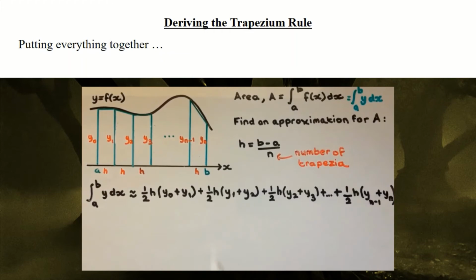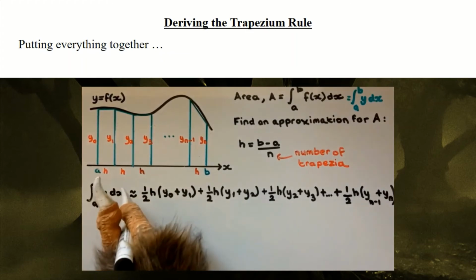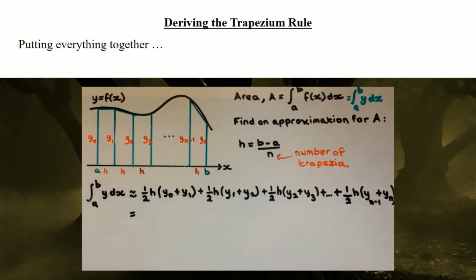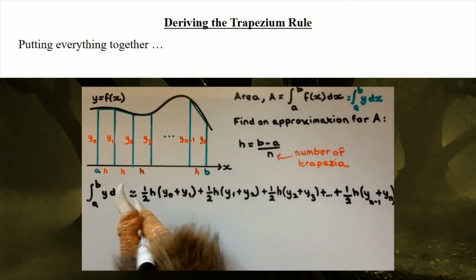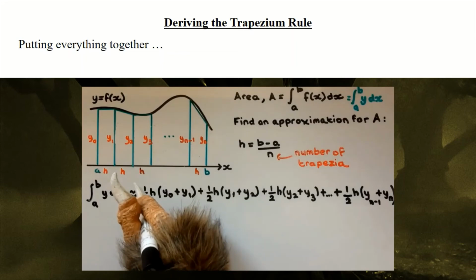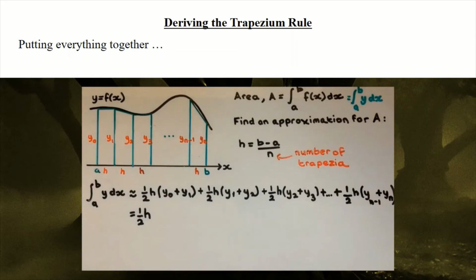Now, you may have noticed we've got half h's everywhere, in every single area, because the height is the same in each trapezium. Let's factor out the half h all the way across. So I can put a straight equals now, because this is equal to the previous step. So it's going to be 1/2 of h, and let's do the factorising.